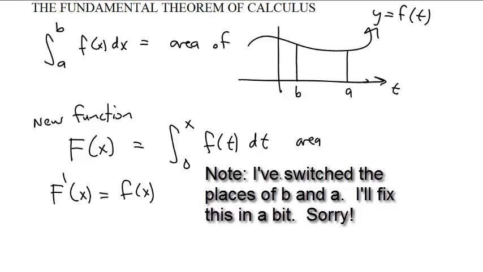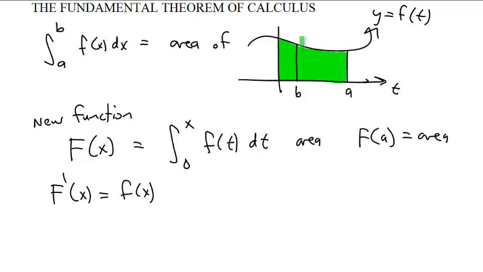So big F of A is the area all the way up to A. I'll use the green this time. This shaded area is big F of A. Why? Because big F is the integral, the area under the curve from 0 up to whatever you plug into the function, A. That's that.